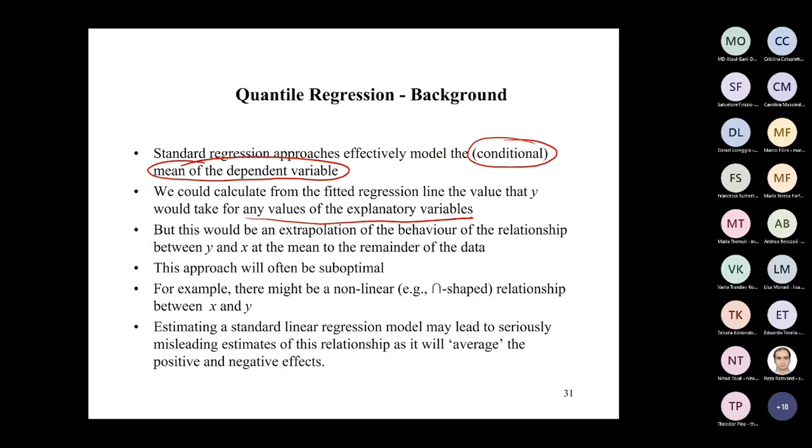This is basically an extrapolation of the relationship between x and y at the mean to the remainder of the data. We would say that this is a suboptimal approach. Why? Because OLS is measuring the average response.